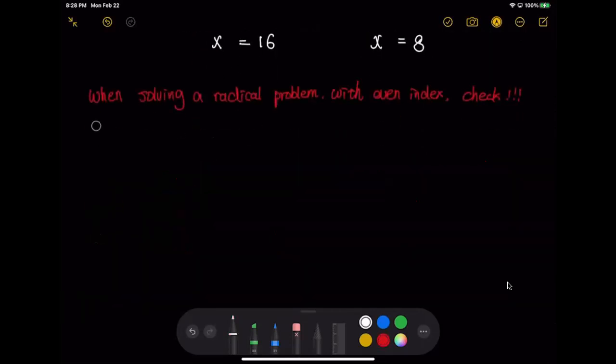Okay, so now let me give you some examples. If I have square root of 7x plus 2 equals 4, in order to solve this equation, I need to square both sides.